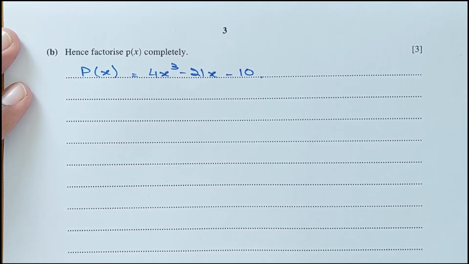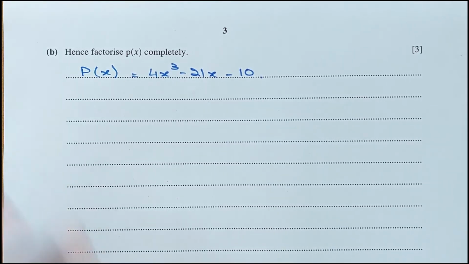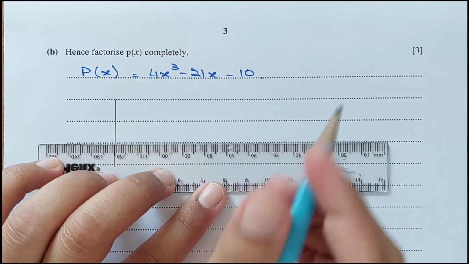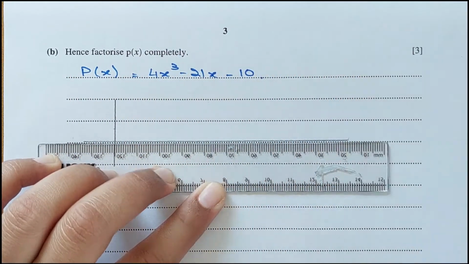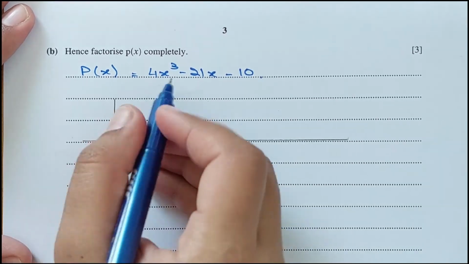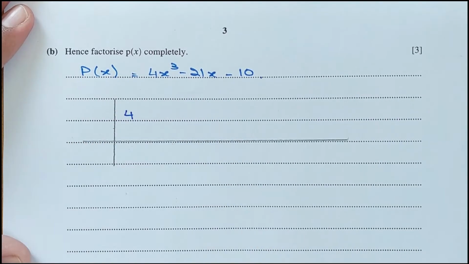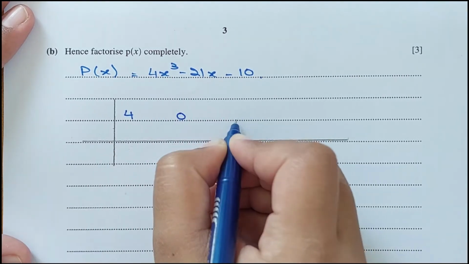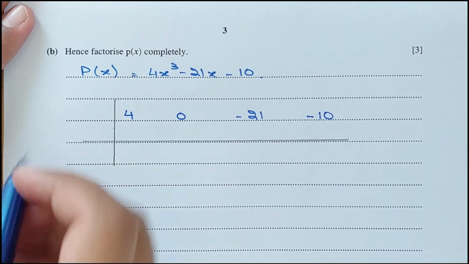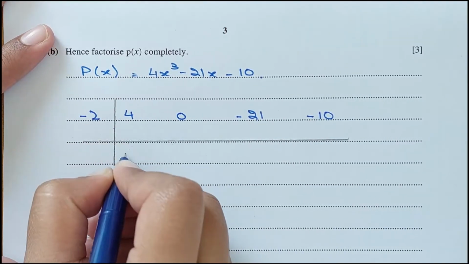So if I use the synthetic division method here, we have the coefficient of x cubed is 4, coefficient of x squared is 0, coefficient of x is minus 21, and the constant term is negative 10. Minus 2 is the root, so we need to bring 4 down.